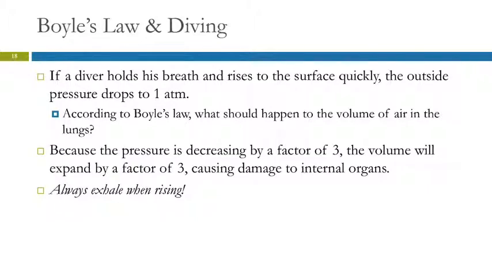So if you're down there, 20 meters down, breathing through a scuba tank, and you take a breath, the air in your lungs is at 3 atmospheres of pressure. If you hold your breath and go up to the surface very quickly, now the pressure outside of your lungs is 1 atmosphere. Pressure inside is 3 atmospheres.